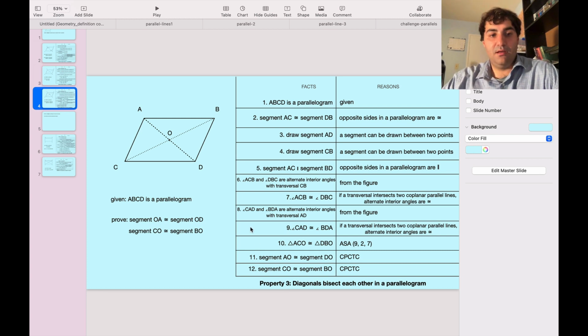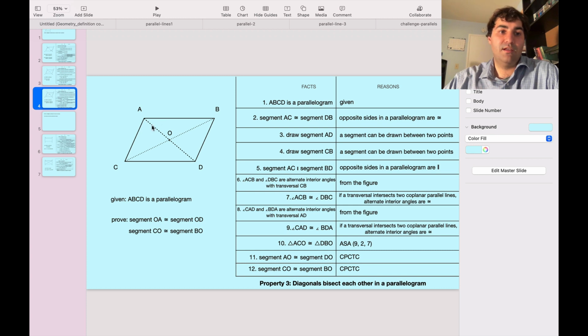Okay, so let's take a look at this parallelogram again, and we want to prove that segment OA is congruent to segment OD, and segment CO is congruent to segment BO. So this is where we talk about diagonals. Remember, a diagonal is a segment that joins two non-adjacent vertices in a quadrilateral.